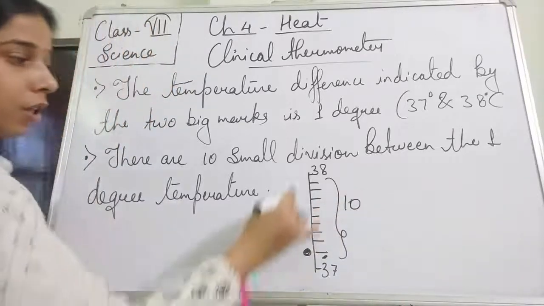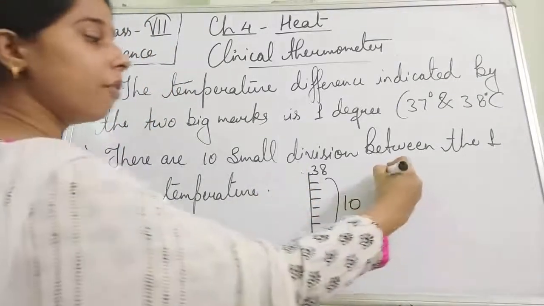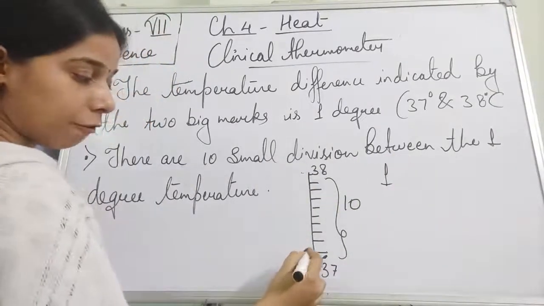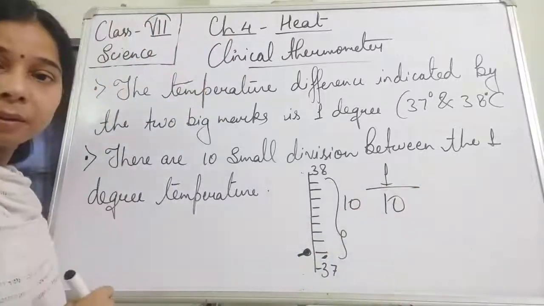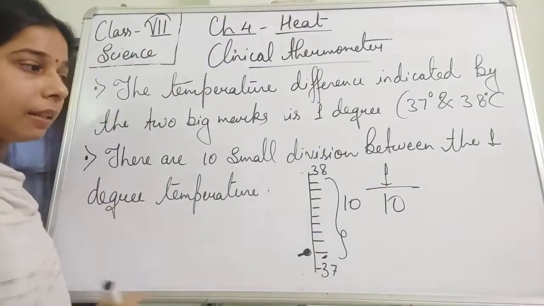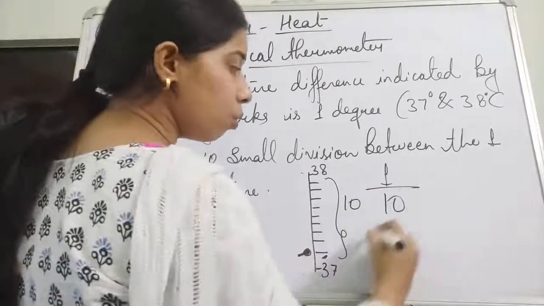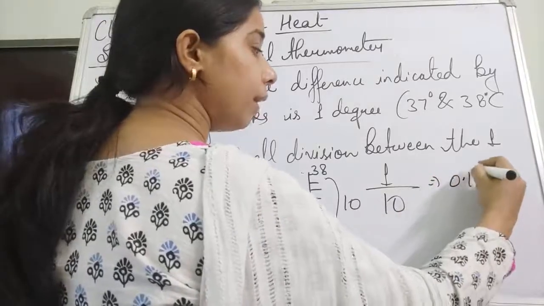This is the 10 divisions, and the difference between these two is 1 degree. So the first division will be 1 by 10th, which equals 0.1 degree Celsius.